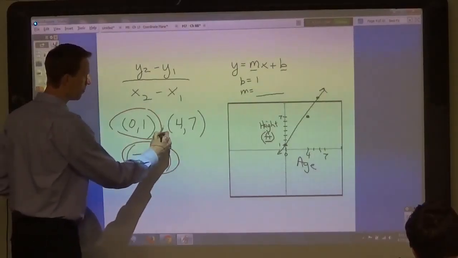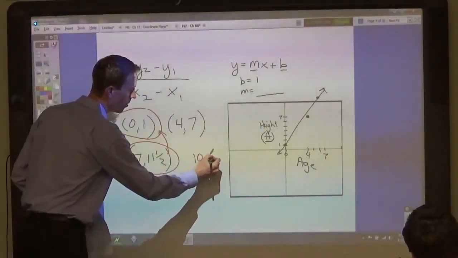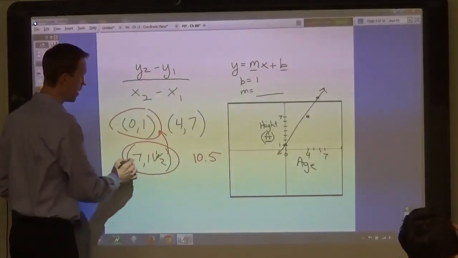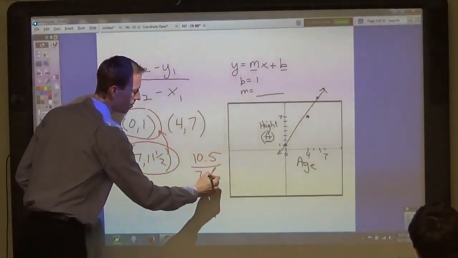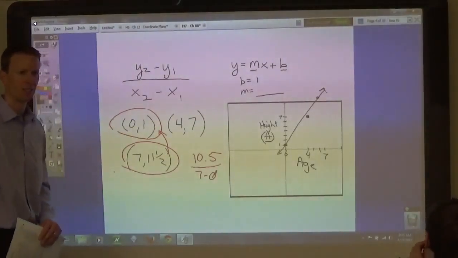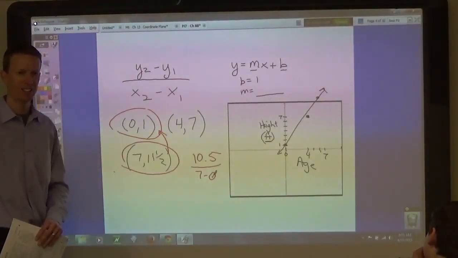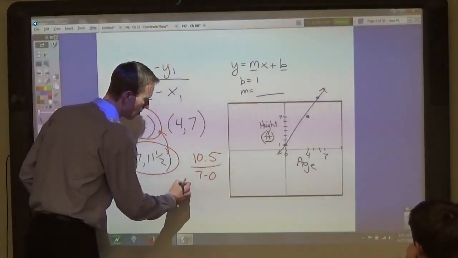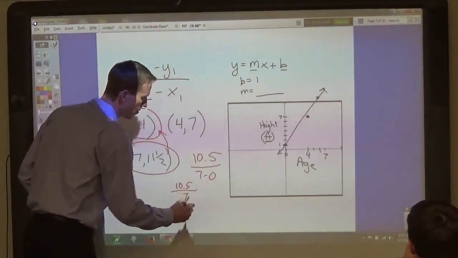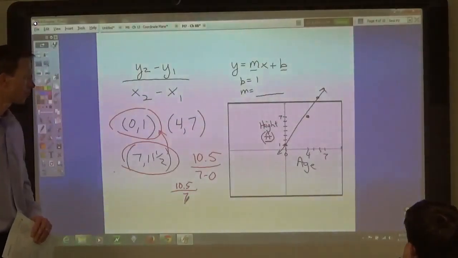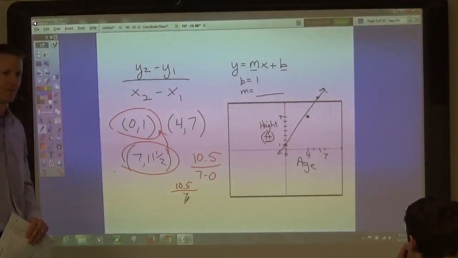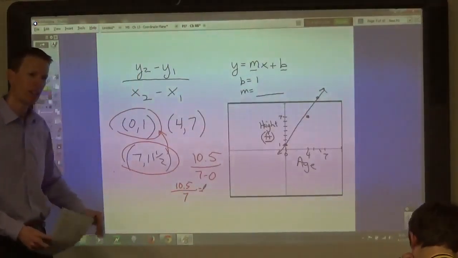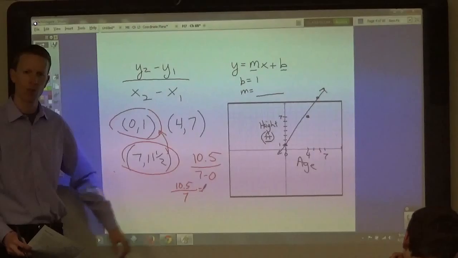Subtract them. So 11.5 minus 1, and 7 minus 0. So that's 10.5 over 7, right? Okay. And how would we put this into simplest form?